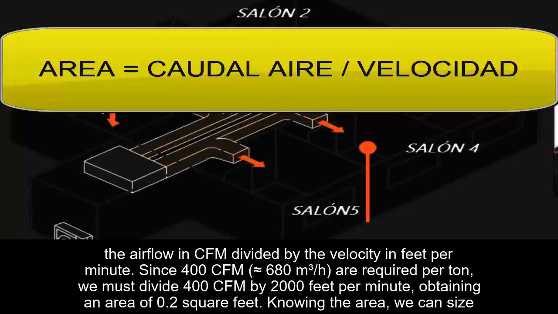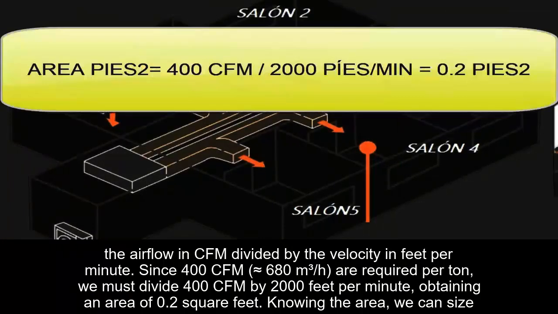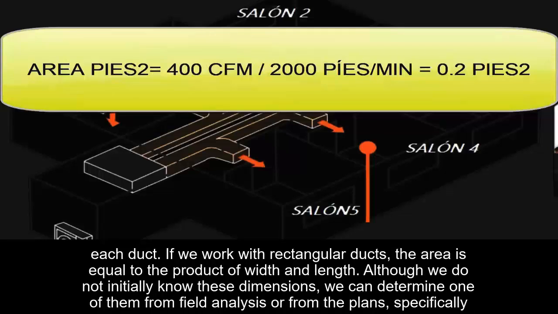Since 400 CFM, nearly 680 cubic meters per hour, are required per ton, we must divide 400 CFM by 2,000 feet per minute, obtaining an area of 0.2 square feet. Knowing the area, we can size each duct.